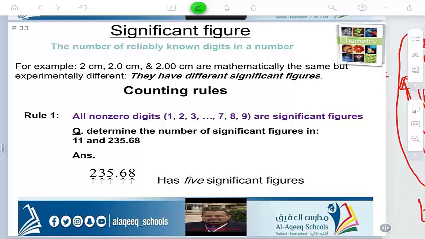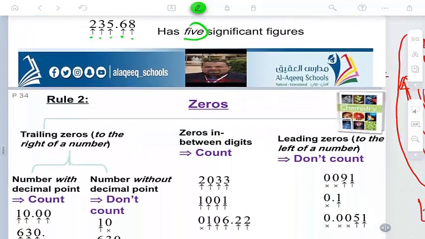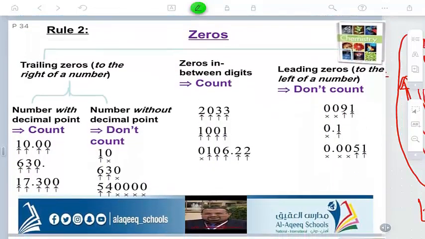First rule: all non-zero digits, like 1, 2, 3, 4 up to 9, are significant figures. If you have a number like 1, 2, 3, 4, 5, that is 5 significant figures. Rule 2: if the 0 is to the right of the number, we have two cases.